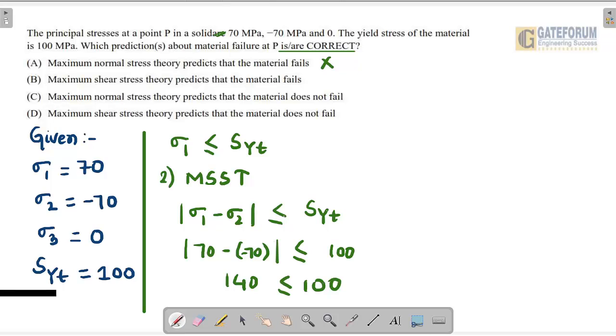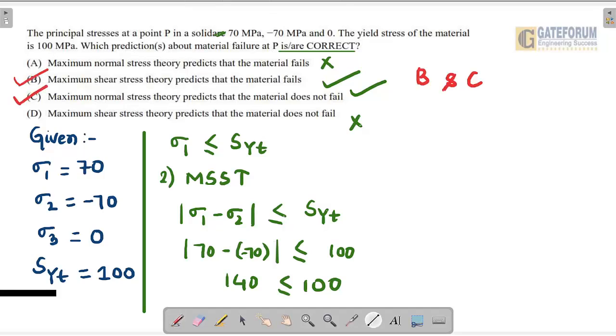It should be less than, but here it is greater than. Therefore, there is a high chance it is going to fail. Now, the maximum normal stress theory predicts the material does not fail. Yes, this is absolutely right. The maximum shear stress theory prediction is wrong. So the right answer for this problem is B and C.